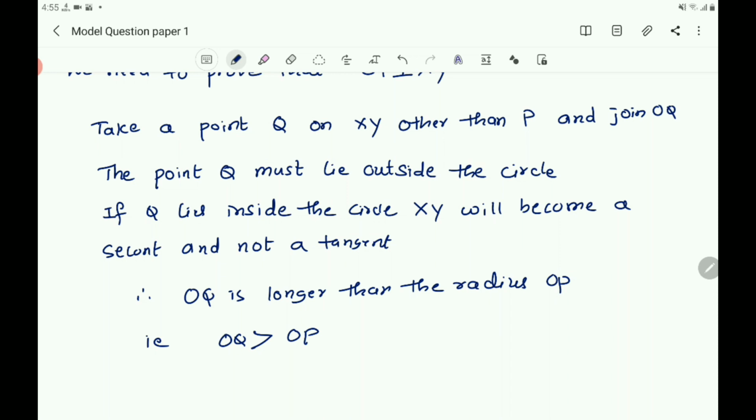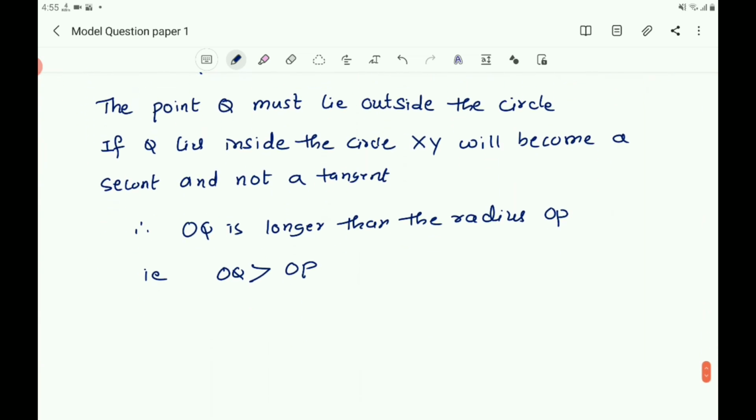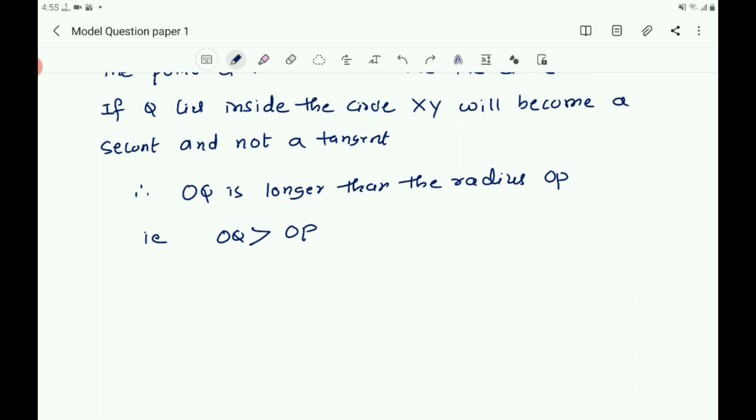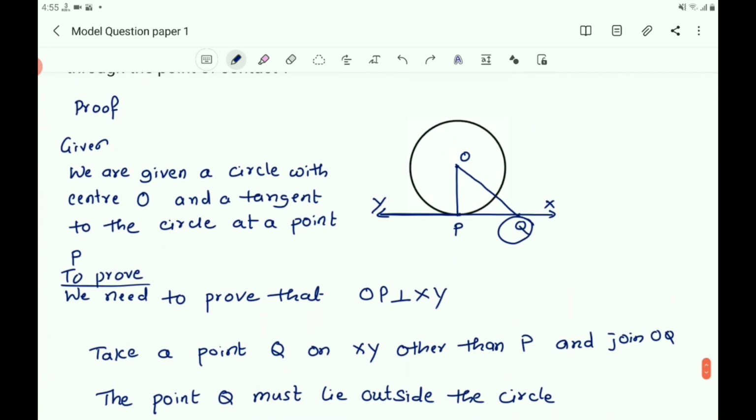As Q lies outside, it must be greater than the radius OP. And this happens for every point on the line XY except the point P. If you take any point on XY other than P, all of them lie outside the circle, and the line joining that point and the center becomes greater than the radius.